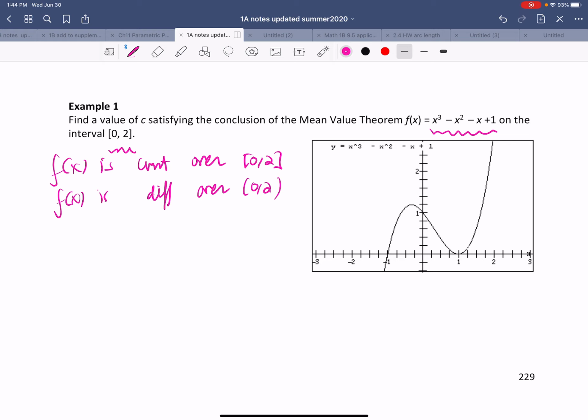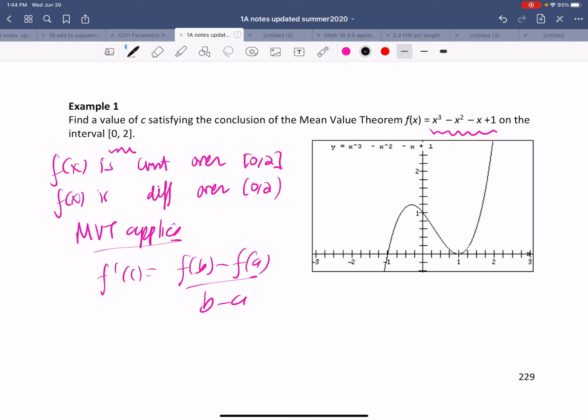Now the mean value theorem applies, and it says f prime of c is equal to f of b minus f of a over b minus a.